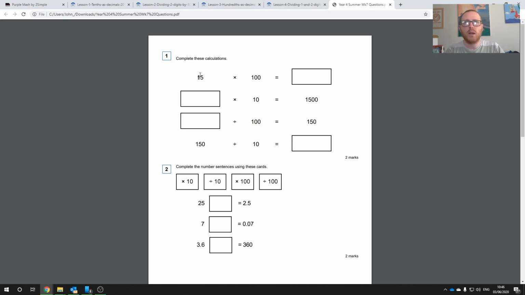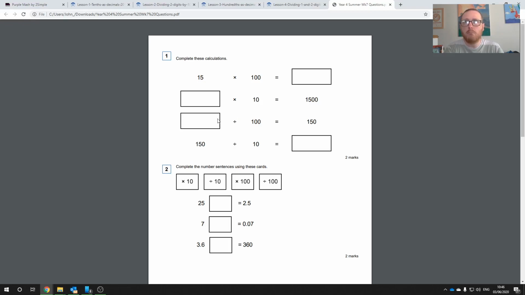So it starts off with multiplying by 100. And then you've got something times 10 equals 1,500, which means you might need to work backwards and rearrange that so you've got both numbers on the same side. So this multiplication sign might become a division sign. I don't know. Who knows? Again, something similar here. Something divided by 100.